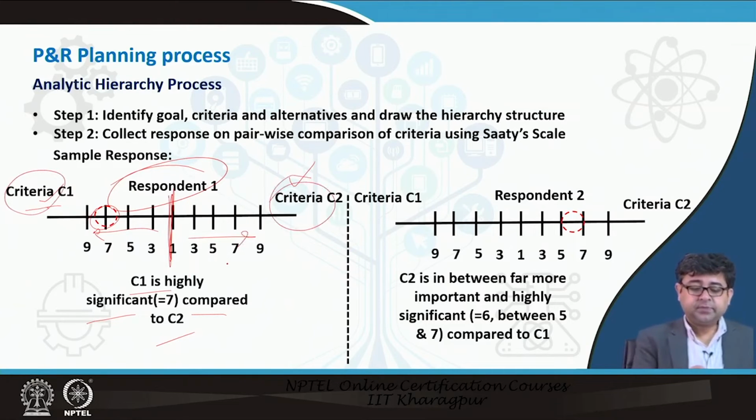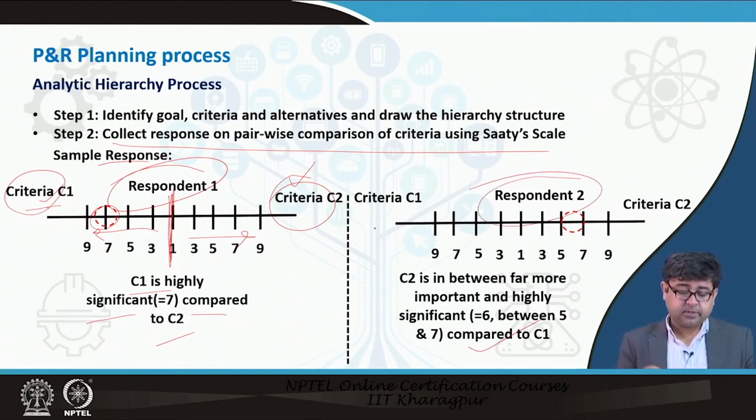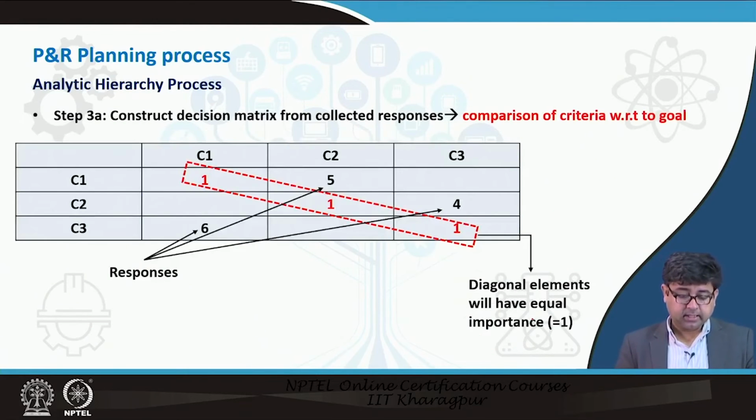So, that is the entire step 2 for formulation of data collection, is to have responses collected from various stakeholders on where to provide these facilities. So, this is another example of a different respondent providing a different answer. He or she does not pick a number, but picks a number in between. So, you will have to interpolate that understanding.